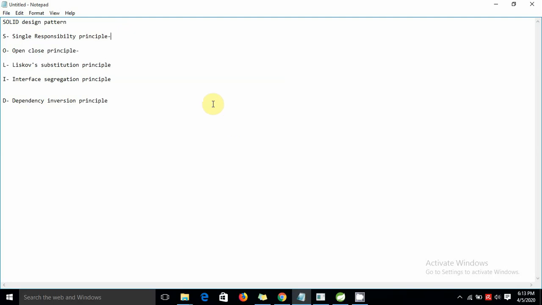Then after that there is the open close principle. The open close principle tells that any class should always be open for extension and closed for modification.